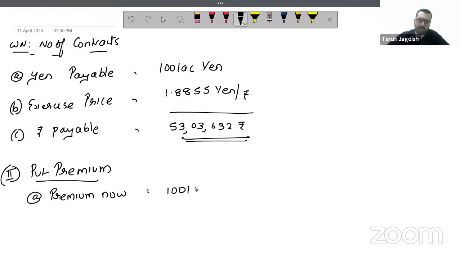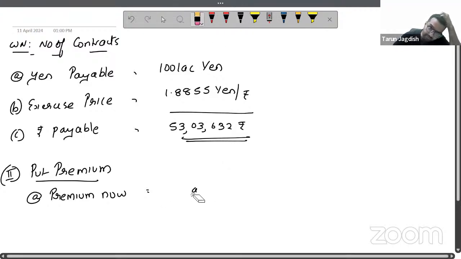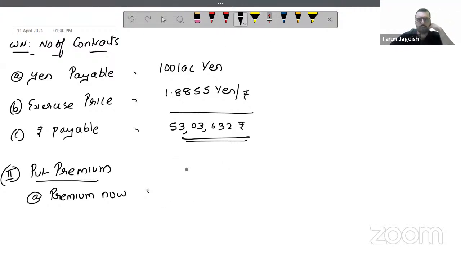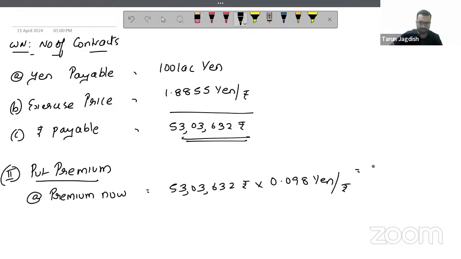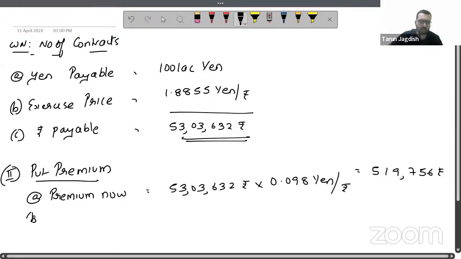It will be 100 lakh yen. Sorry, it will be in rupees. We should take it and then multiply. 53 lakh 3,632 rupees into 0.098 yen per rupee. So it will turn out to be 5,19,756.